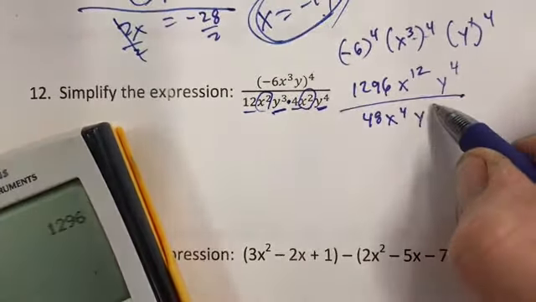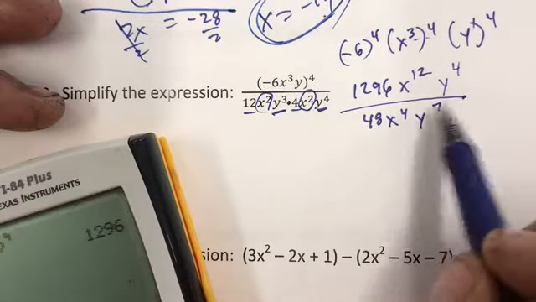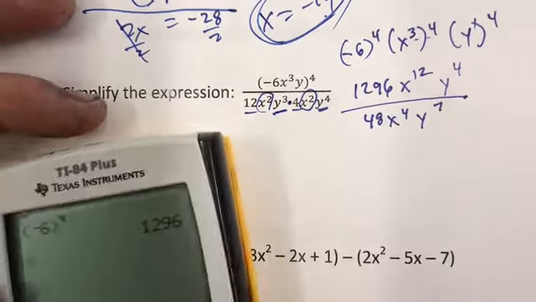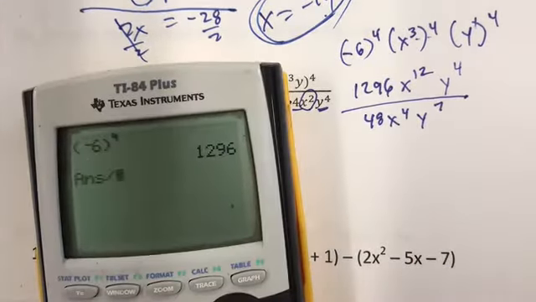Now I can divide. Once I get the parentheses all gone and everything combined together, now I can divide. So 1296 divided by 48 is 27. So I've got 27 on top. Now if it comes out to be a fraction, just make a fraction and leave yourself a bottom. Right here, when I divide those, I subtract those.